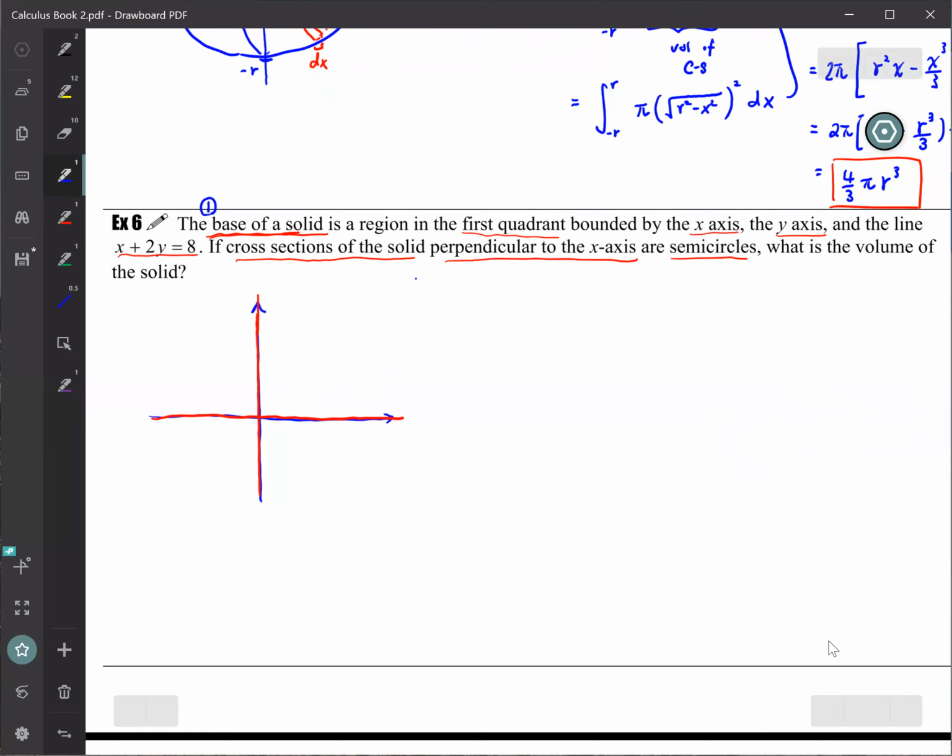Okay, so we need to know how to draw this line. So let's isolate the y. All right, so can you please isolate the y and raise your hand?